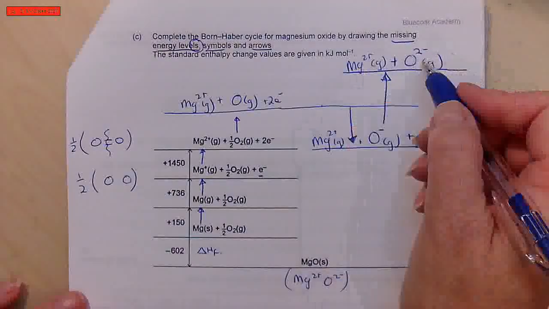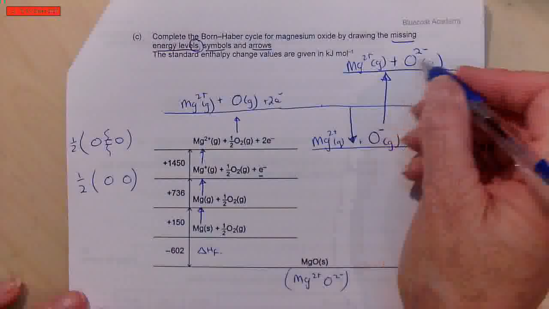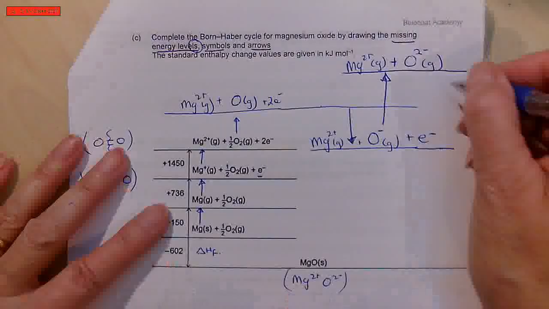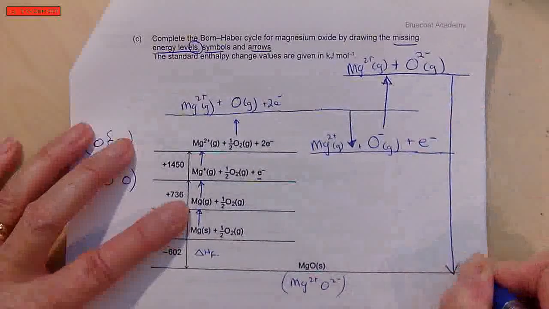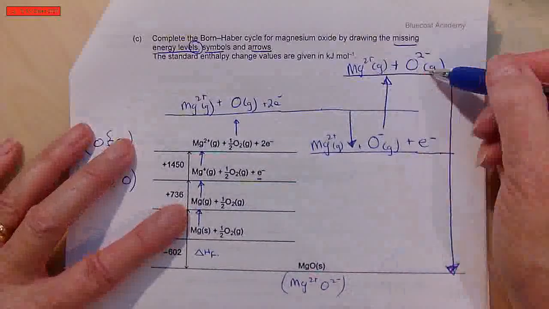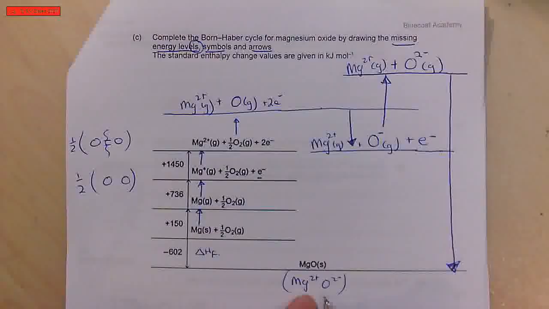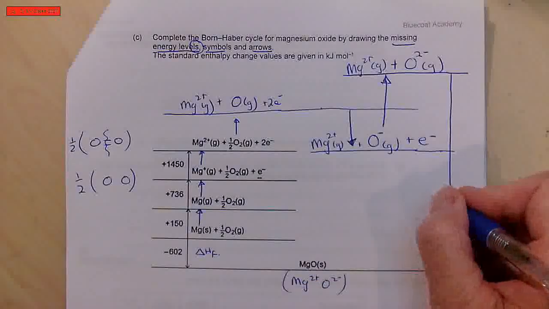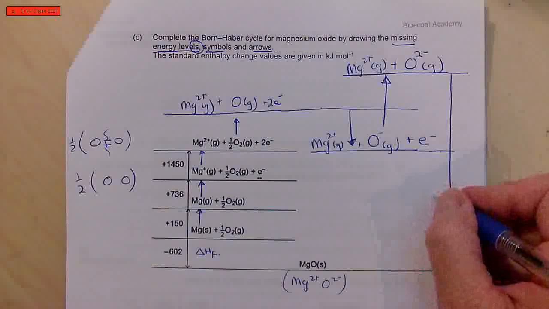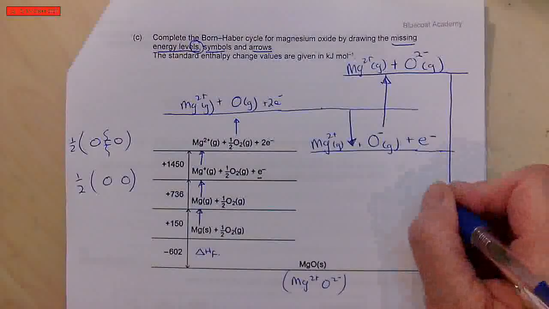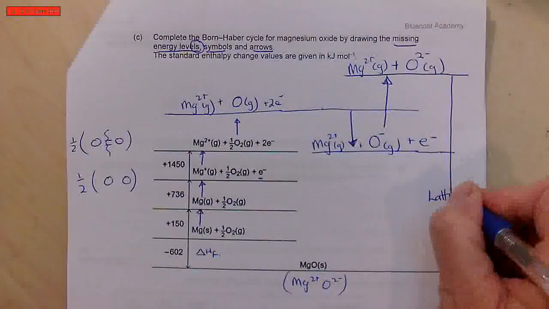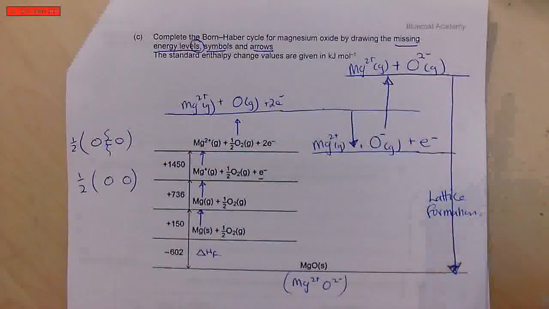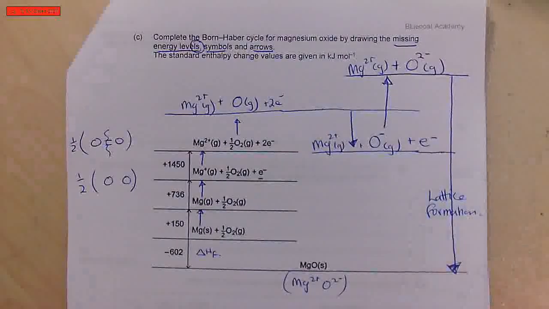Okay, so from here we've got these in their gaseous form, and they're going to come together and create this solid here. So we've got the gaseous ions coming together to create our solid. And that is our lattice formation enthalpy.